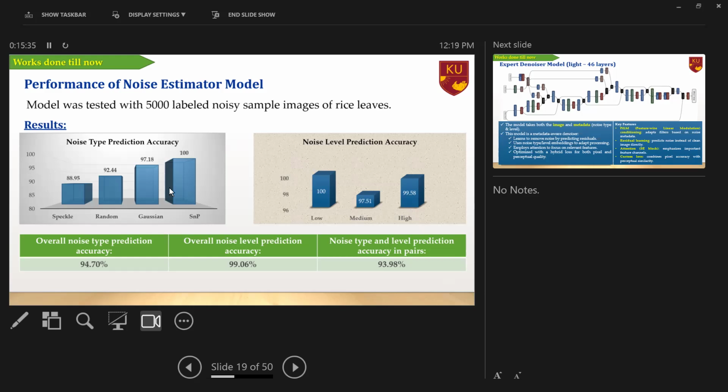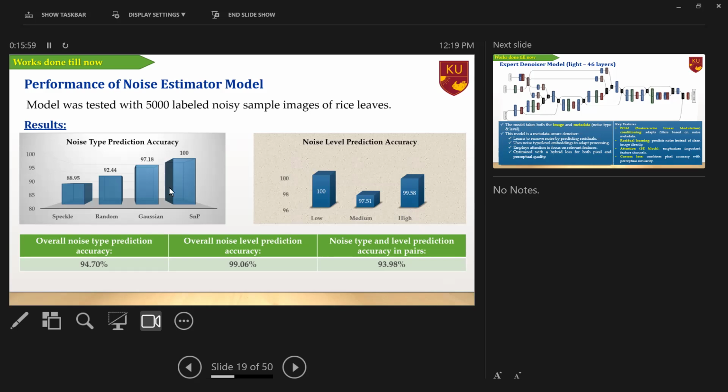And for the combination of noise type and level combined, if we have synthesized Gaussian plus low, it is again predicting Gaussian plus low. That pair, type and level, is also better, because sometimes it happens that we have introduced random noise with medium, but it shows random low.